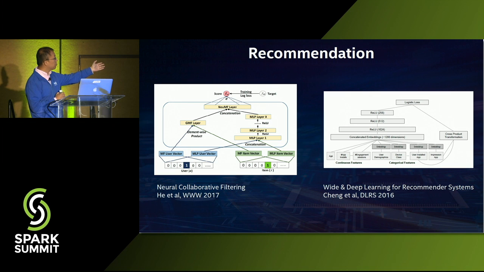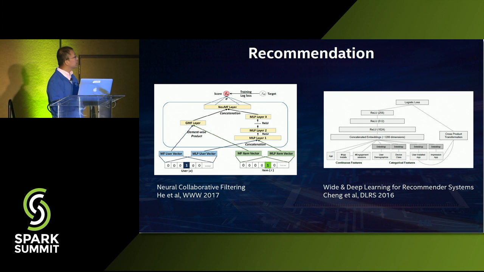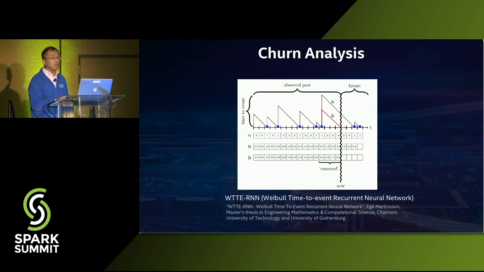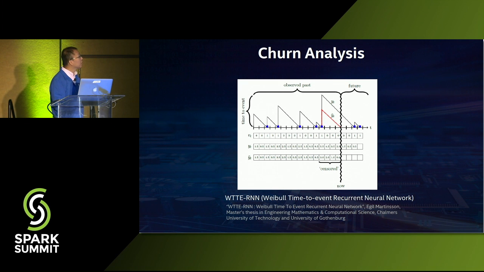In this case, neural collaborative filtering combines a neural network with an ALS type of matrix factorization model to produce a better result. And in the other one, Wide and Deep combines logistic regression with a neural network to generate a better result. The other interesting use case people are building with BigDL is churn analysis. It essentially builds a recurrent neural network to predict the time to event, basically how long before the customer will churn.